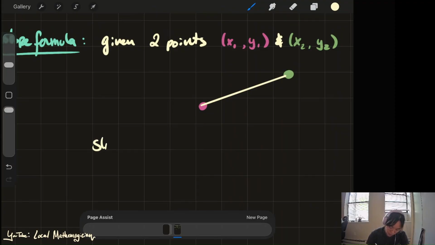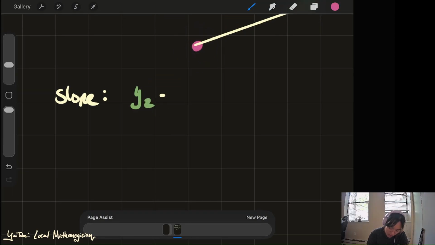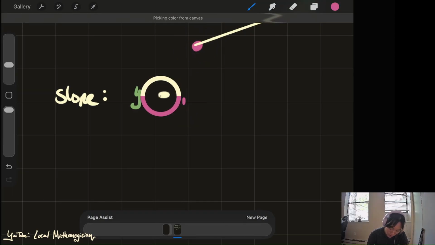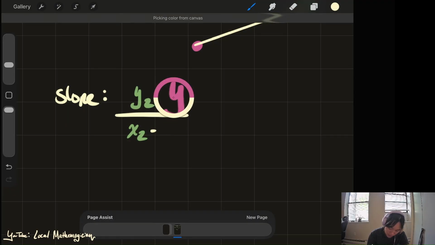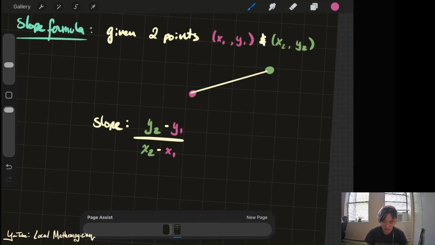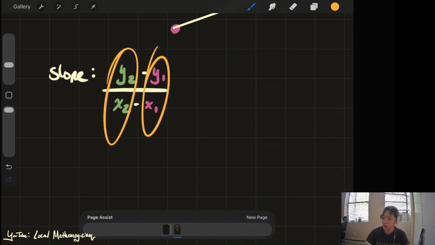The slope between these 2 points we've written as y sub 2 minus y sub 1 divided by x sub 2 minus x sub 1, okay? You notice the x and y coordinates are paired up. Please don't mess that up. That will completely change your slope and your answer will be wrong, okay?